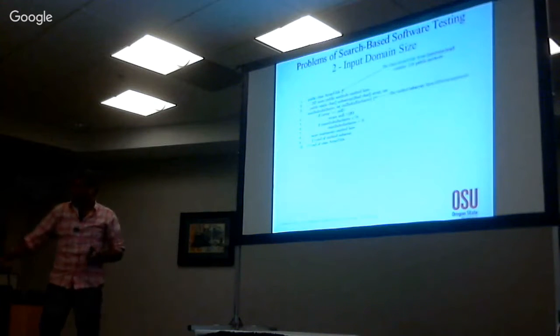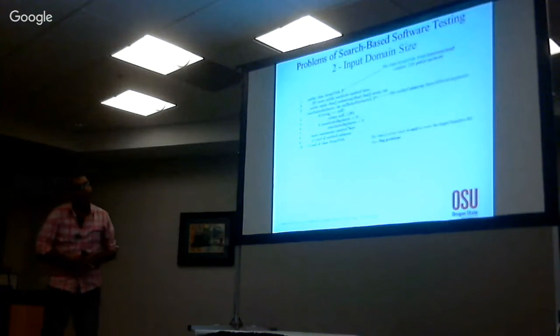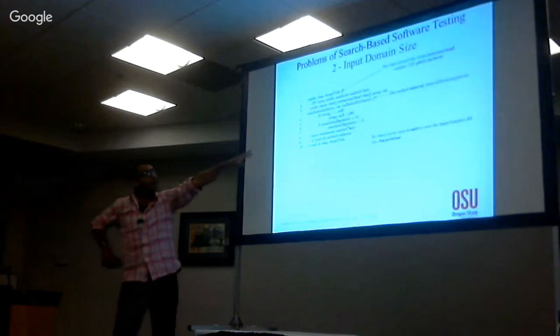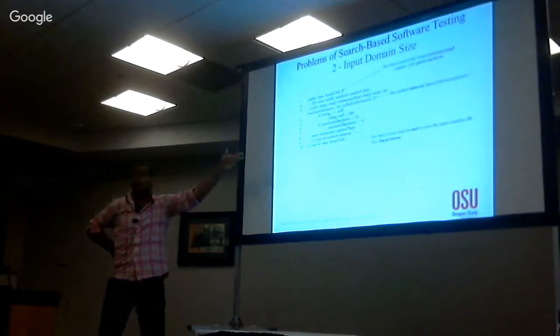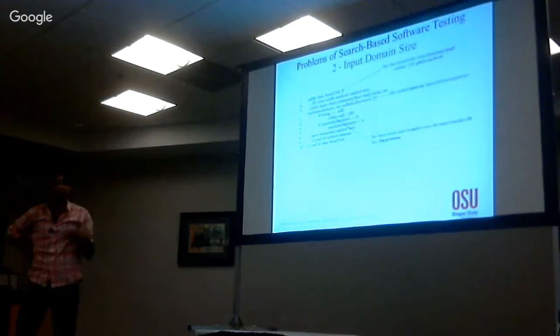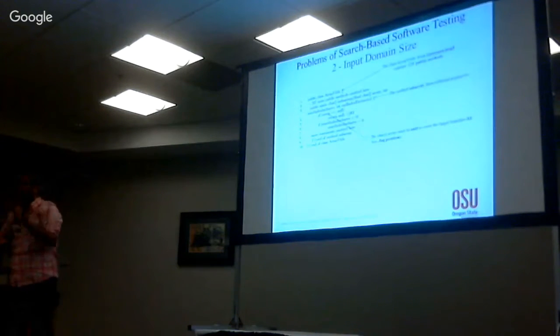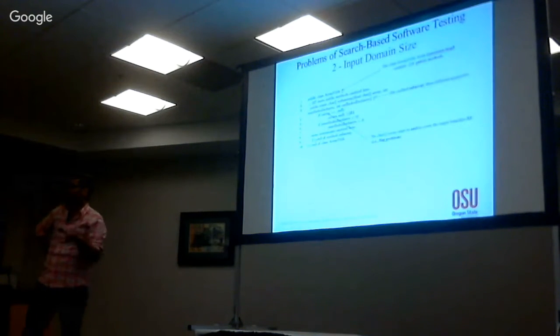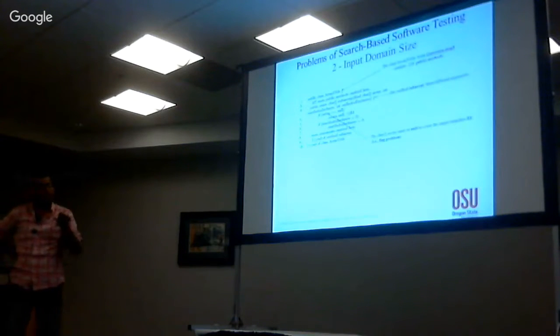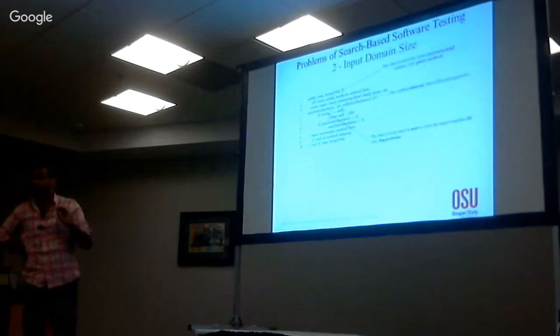Also, some of the branches involve null values, which means it's a flag problem. Here the fitness function is blind; it's not giving any guidance to the search.